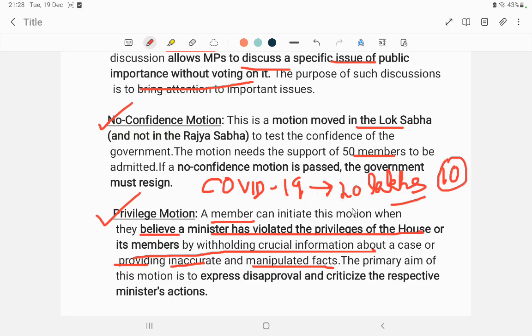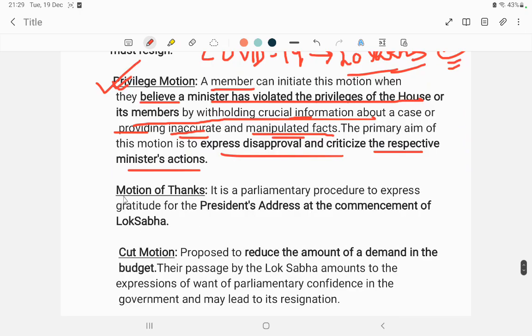So he is withholding the fact that more than 20 lakhs have died, but reporting that only 10 lakhs have died. So it is withholding crucial information or providing inaccurate and manipulated facts. So the privilege motion is to express disapproval and criticize the health minister's action. So the privilege motion is passed.